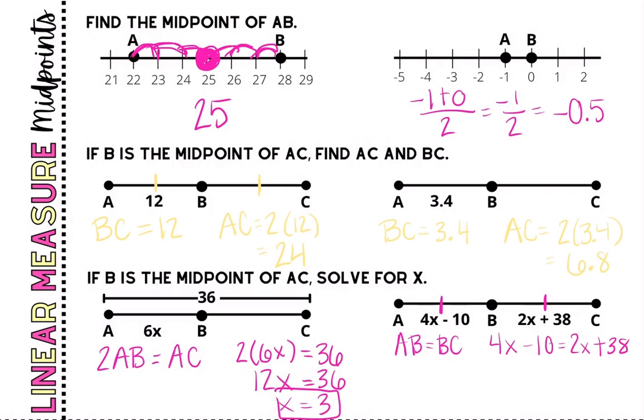Now I'm just solving for x. I'm going to subtract 2x on both sides, so 2x minus 10 equals 38. Then I'm going to add 10, so 2x equals 48. So x equals 24, because 48 divided by 2 is 24.